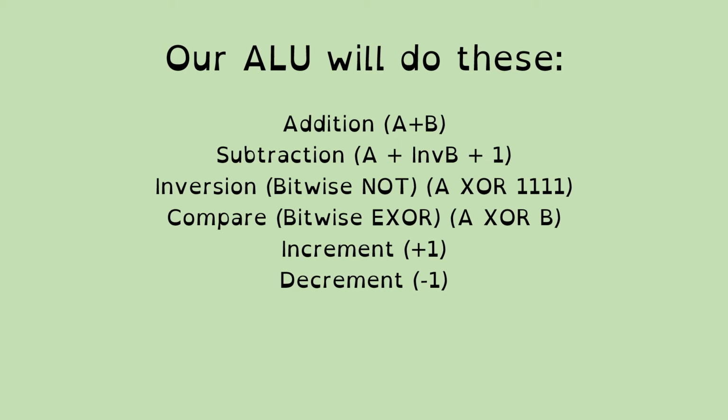This is one of the 2 ways that we're going to do this: we're going to use jumping that is conditional on whether you have a 0 output. In higher level programming, this is equivalent to saying if A is the same as B, or if A equals B, then do something.